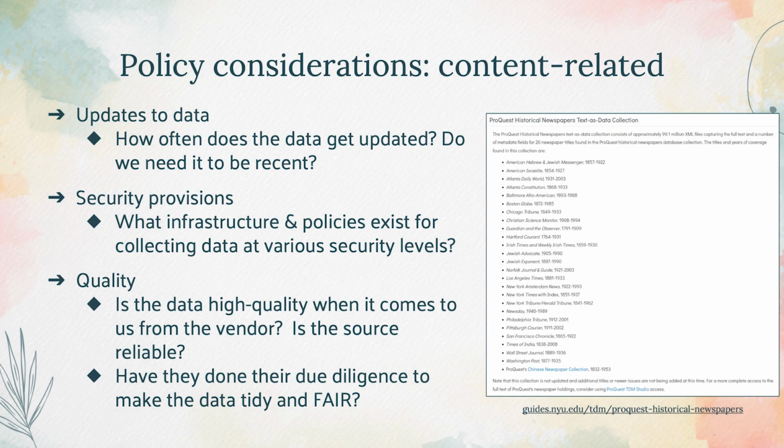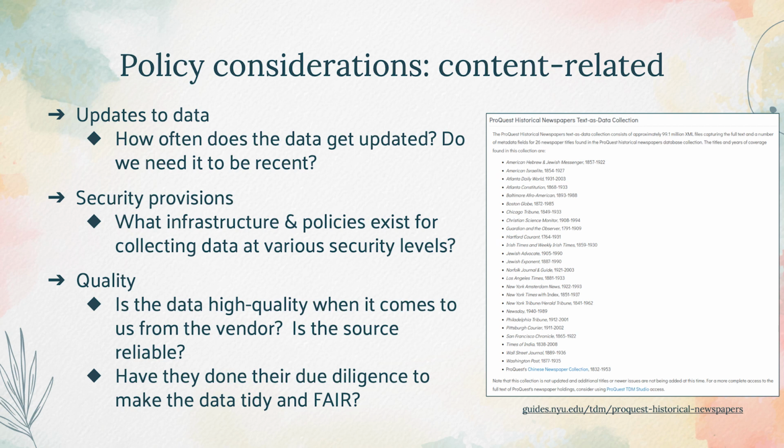And then we have to think about things that are more content related, like how often does the data get updated? How often do we need to be on the hook for that? Do we need the data to be recent? Is it okay if we get it once a semester, or do researchers need it up to date to the minute? What are the security provisions? So there are lots of data sets that have very identifiable information.